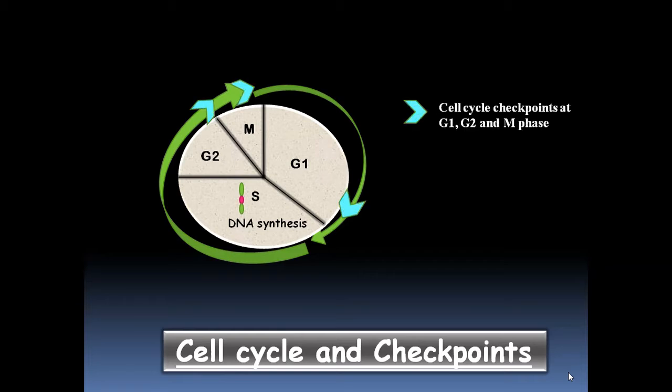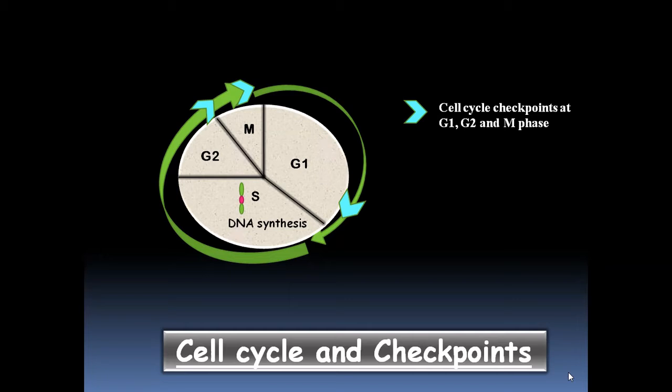Now there are certain cell cycle checkpoints which govern the movement of the different phases. Like we have the G1 cell cycle checkpoint, then we have G2 and the M phase checkpoint.